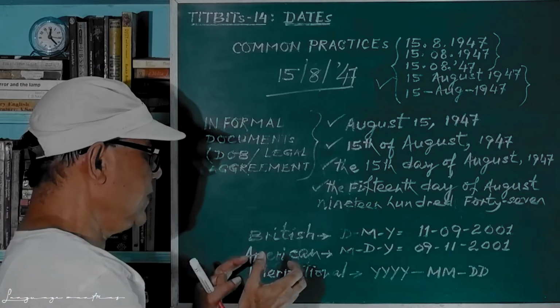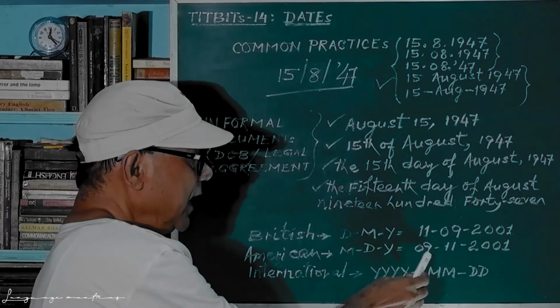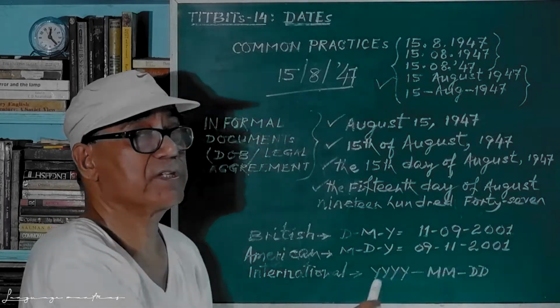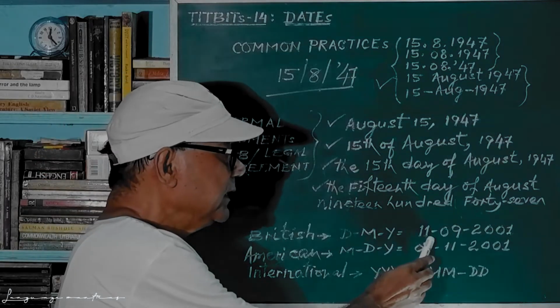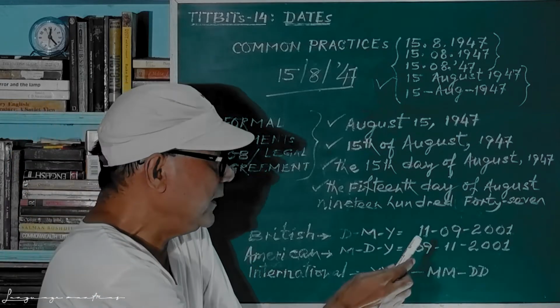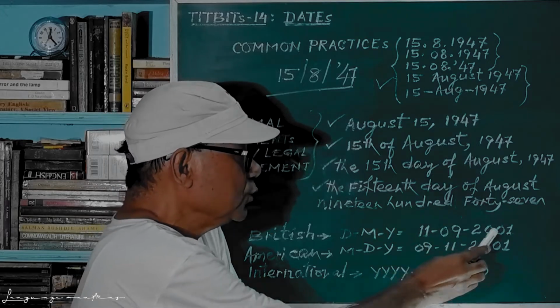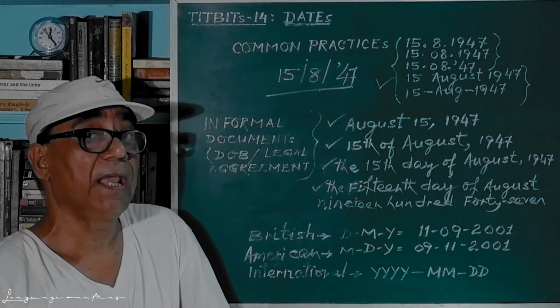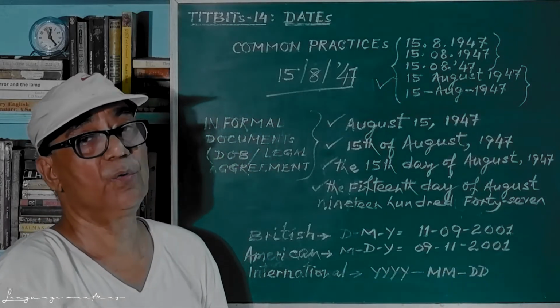Americans write the same thing in a different way. Month, day, year. 9/11/2001. Now confusion you see. Even American read this one, first one. What will he read? He will read 11th month. That means November 9, 2001. And if a British, an Englishman reads this one, how will he read?